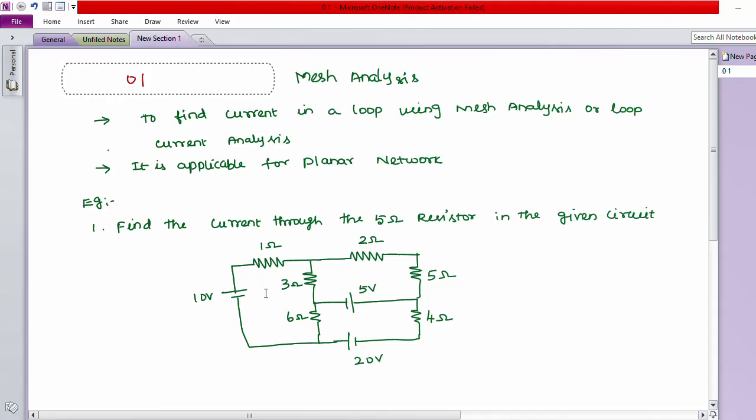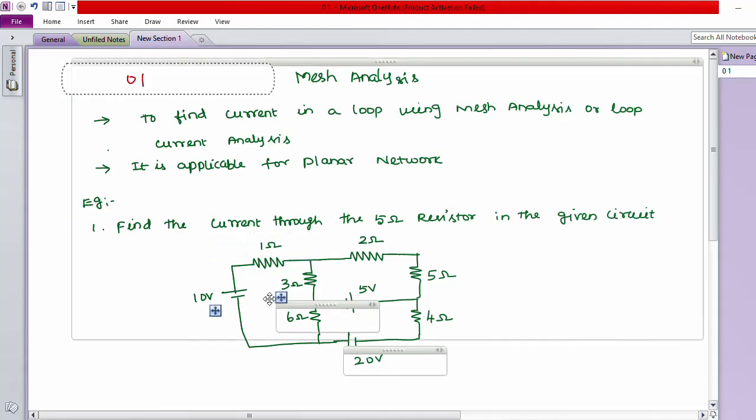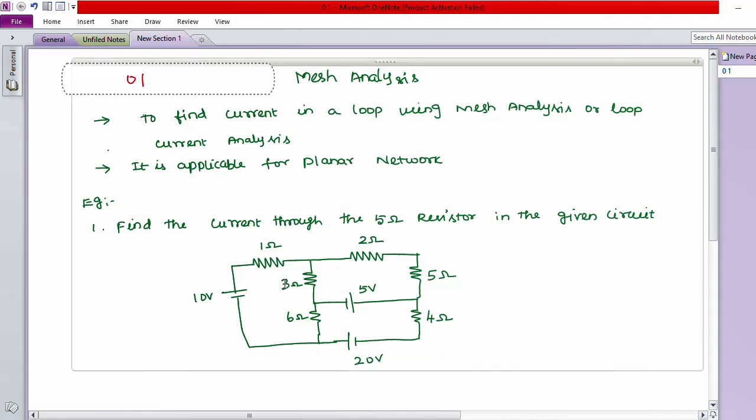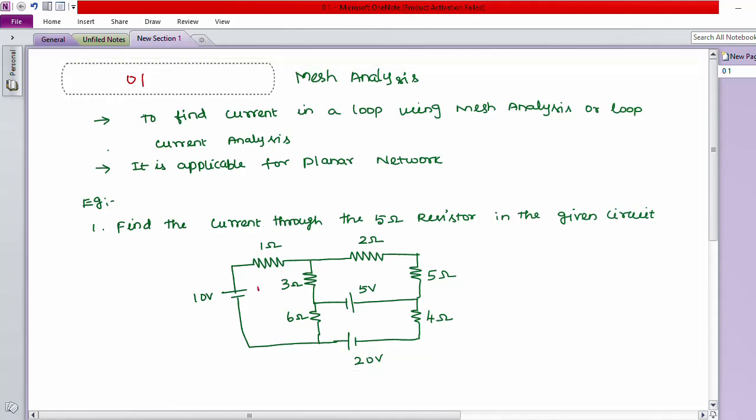Next step, we have to assume the current direction, clockwise. So let I1 be the current in loop 1, I2 be the current in loop 2, I3 be the current in loop 3.